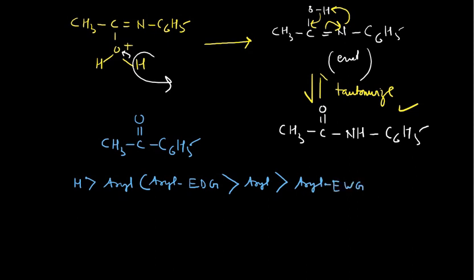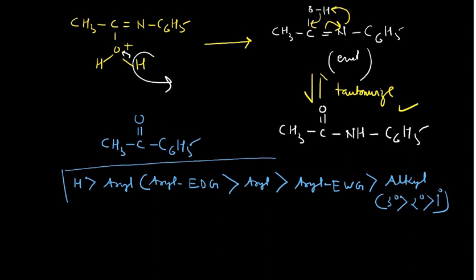And after that, comes the migratory aptitude of the alkyl group, and in the alkyl group also your tertiary alkyl group will have the higher migratory aptitude, followed by the secondary and then the primary. So this series is very, very important.